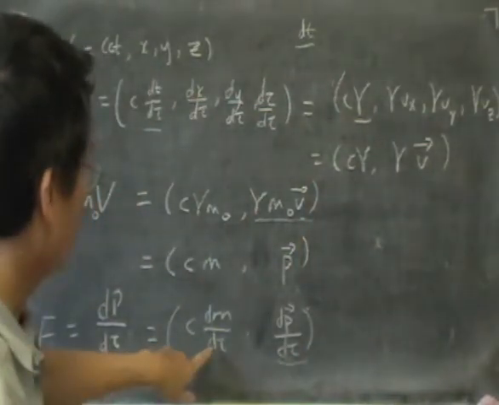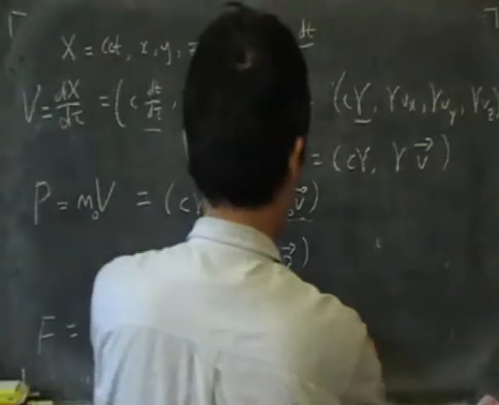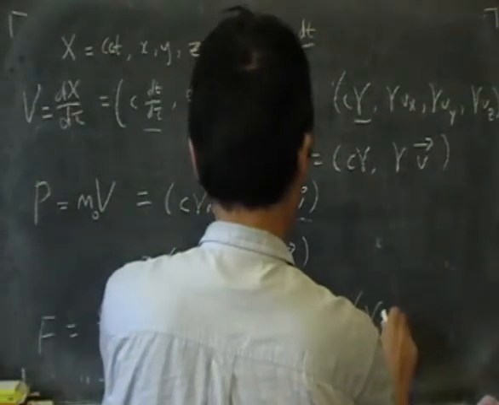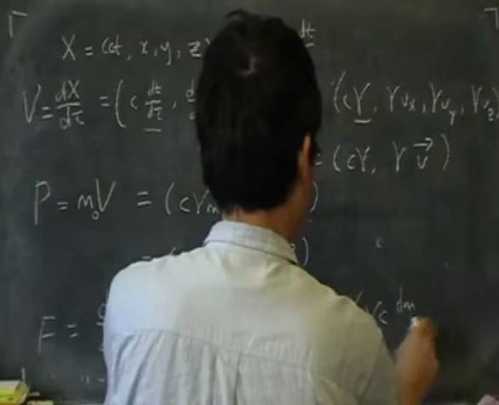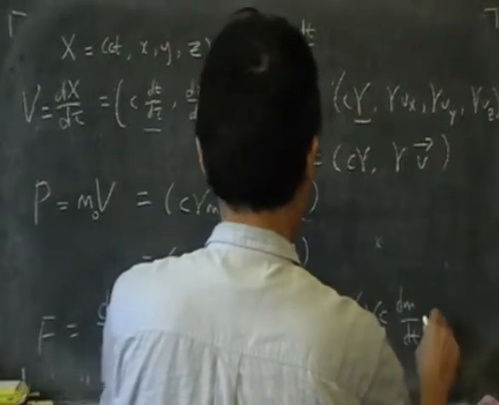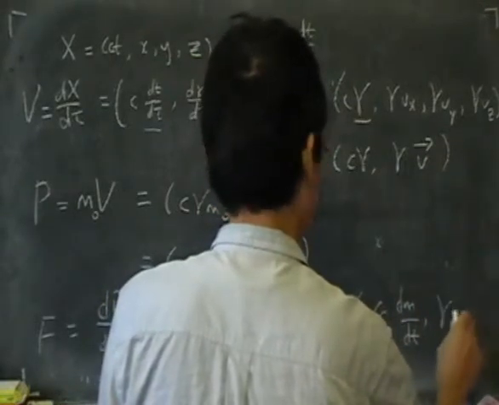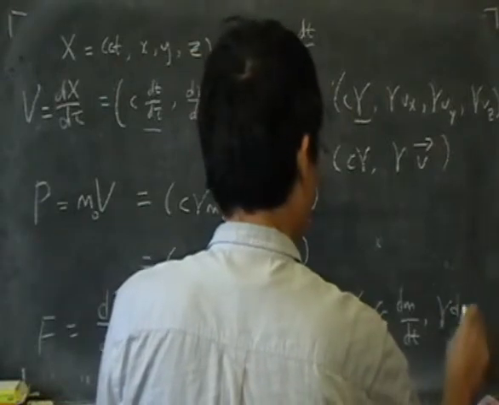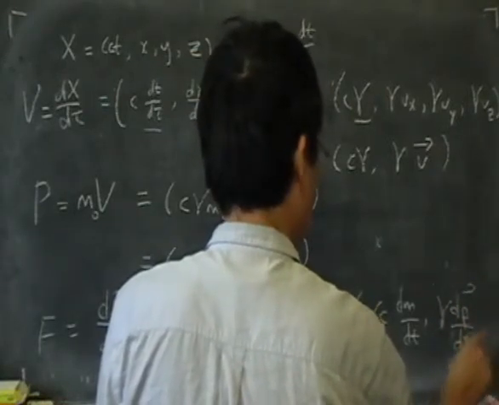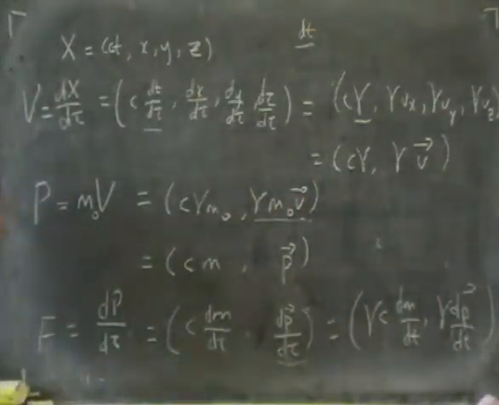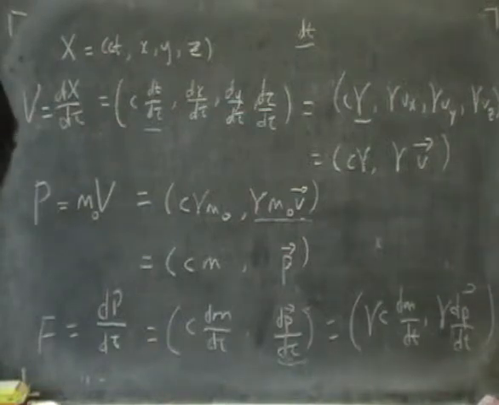And from that we can express this as gamma c dm over dt, comma, and gamma dp over dt. And that's the 4 force.